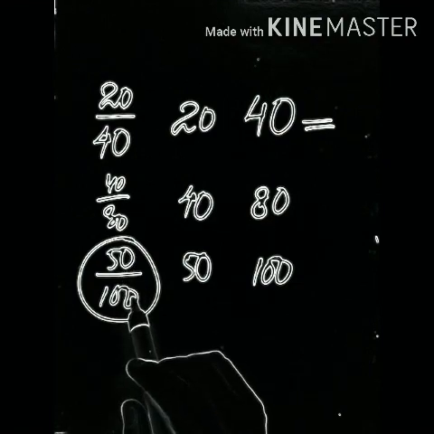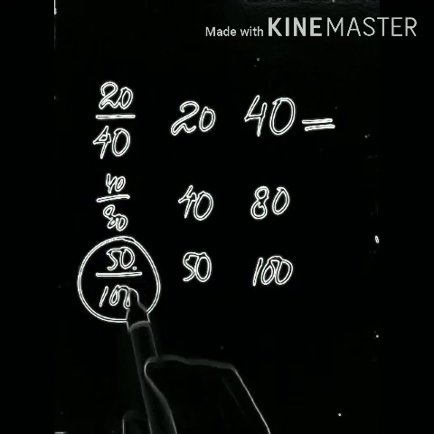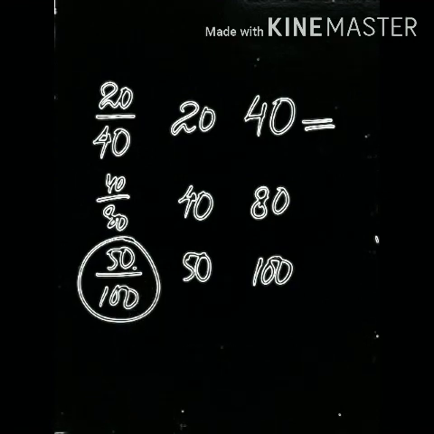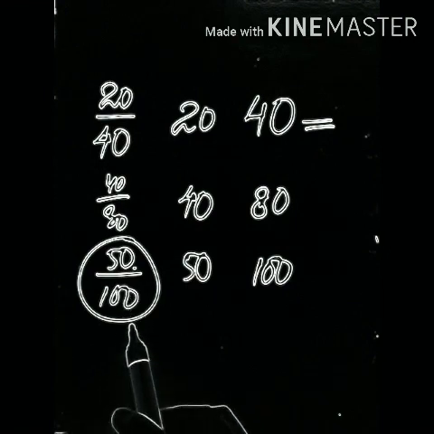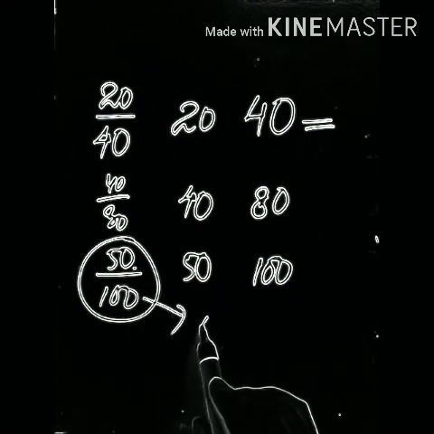Now this is a fraction. The upper part is what you call numerator, and the lower part is what you call denominator. Those fractions with the denominator 100 is what you call percent. So this is 50%.